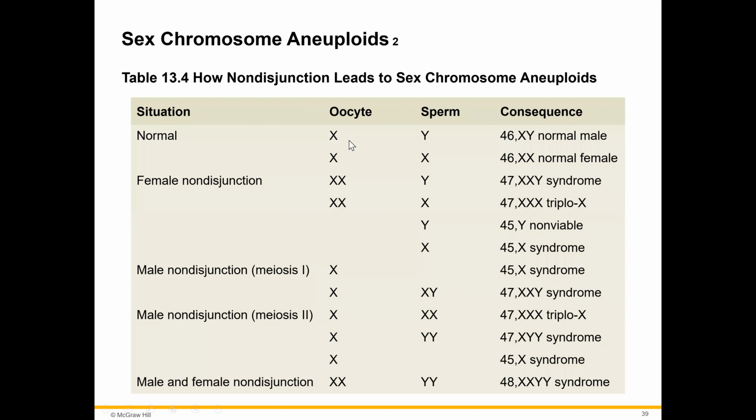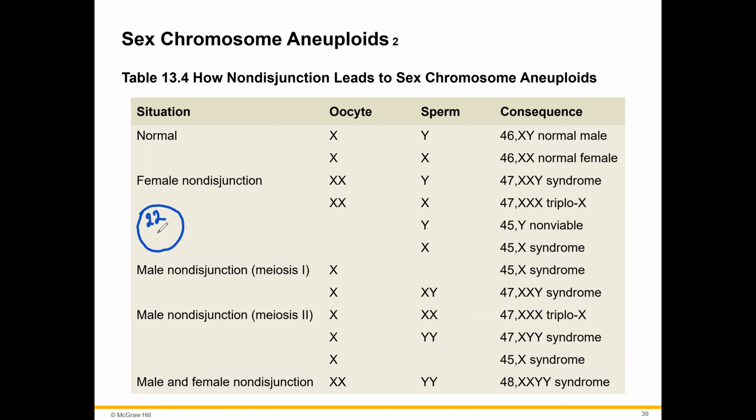All right, so now I just want to remind you that during sexual development, females produce female gametes that are called eggs. So all eggs always carry 22 autosomes.